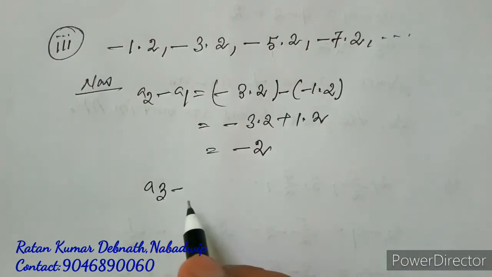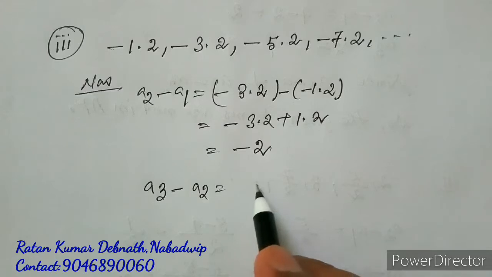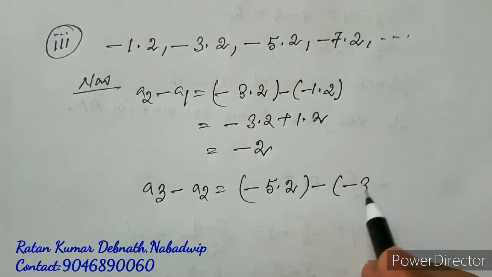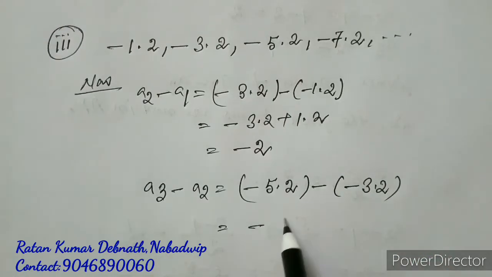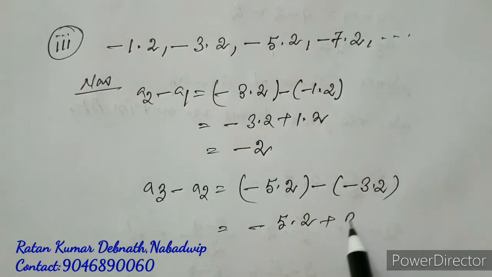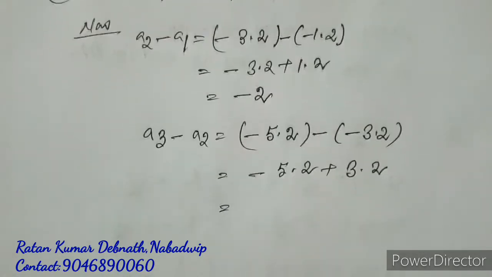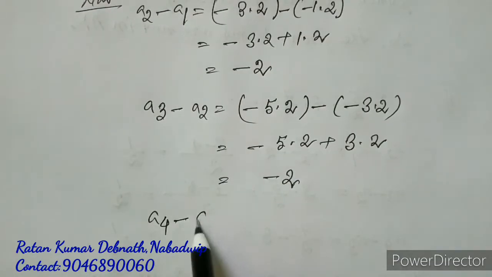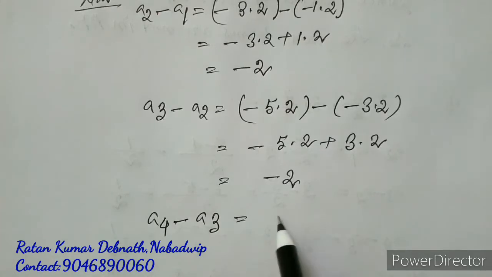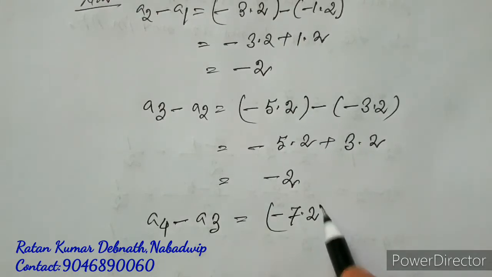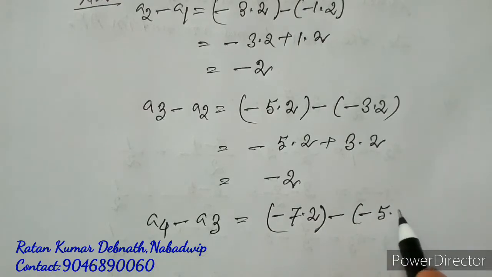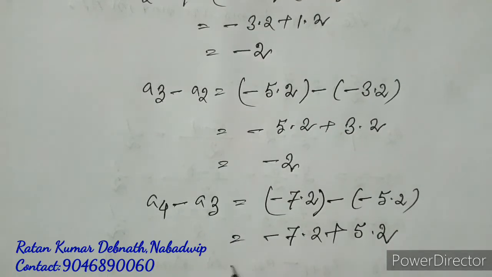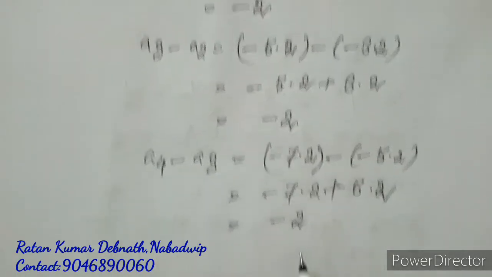Third term minus second term, minus 5.2 minus of minus 3.2, minus 5.2 plus 3.2 results in minus 2. Now a4 minus a3 equals minus 7.2 minus of minus 5.2, plus 5.2, equals minus 2.